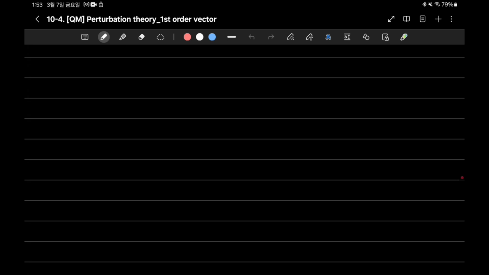Now, in the previous lecture we calculated the first order energy correction, and now we should calculate the first order vector correction.